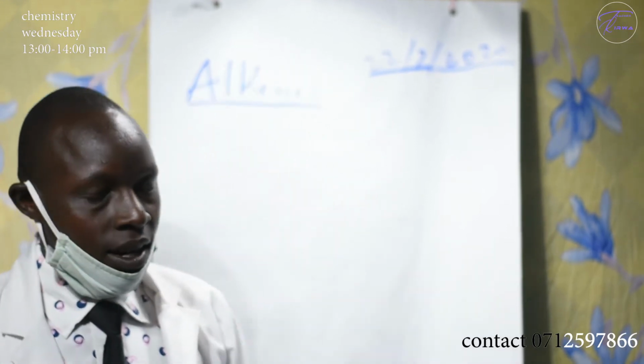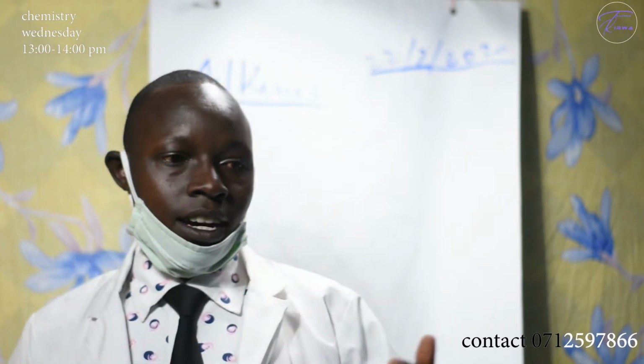One is alkanes, the one that we already have done a coverage on. We also have alkenes that we are doing now, and later on we will wind up by looking at alkynes. Feel free, any questions you have, drop it in the comment box, and we shall be good to go.